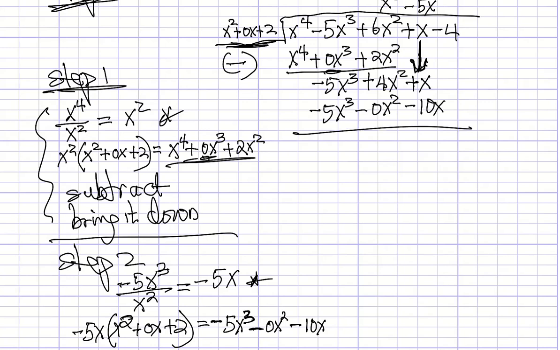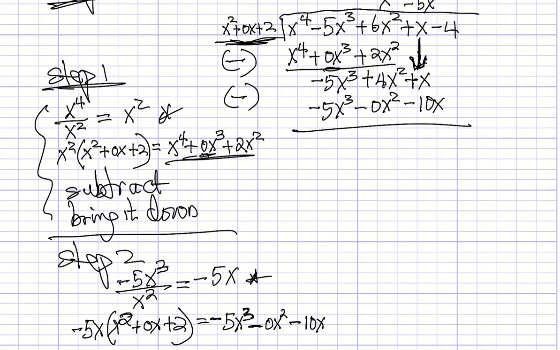And then we'll subtract again. Because we're subtracting, this will become positive right here, so it cancels out with that. And then that term has no effect, so we'll bring 4x squared down.